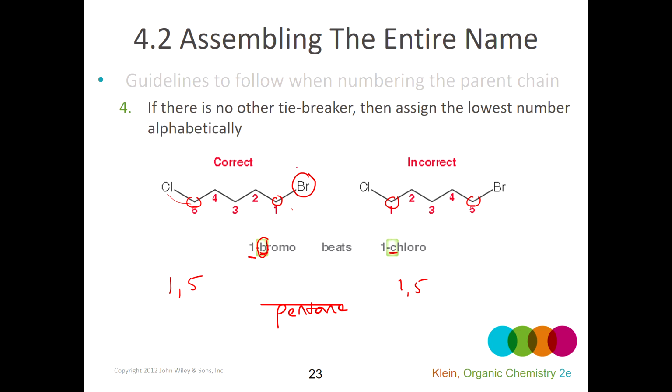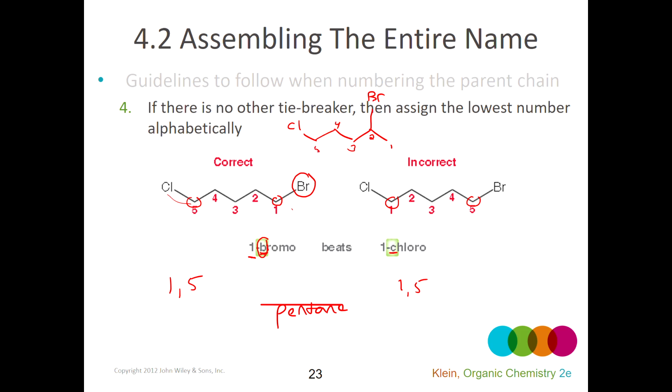Right? So for example, if I had my 5 carbon chain here, and let's say I had a bromine here, and let's say I had a chlorine here, and a bromine here. In this situation, I wouldn't number from right to left. If I did, I don't get the first substituent until carbon 2.